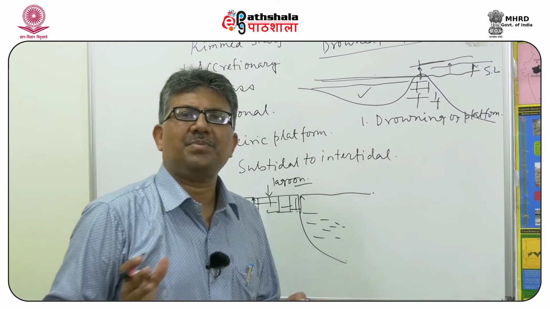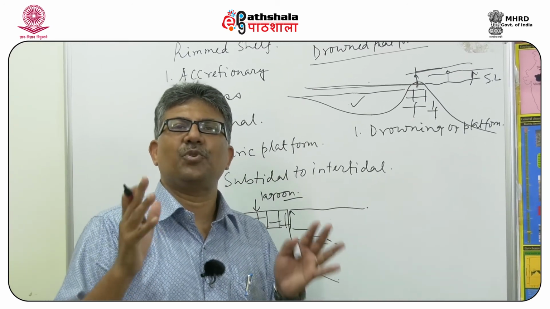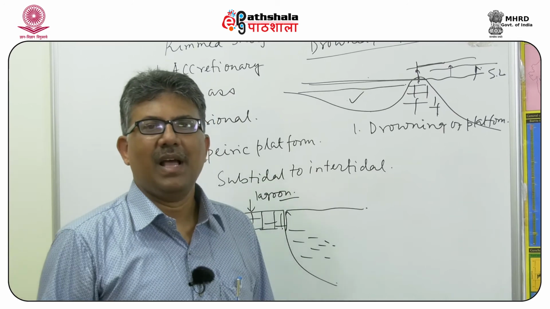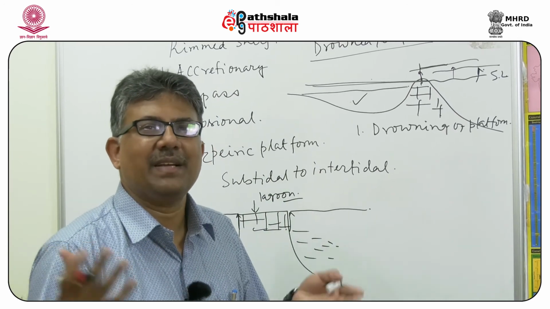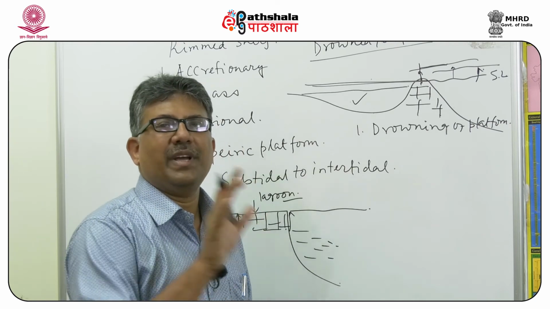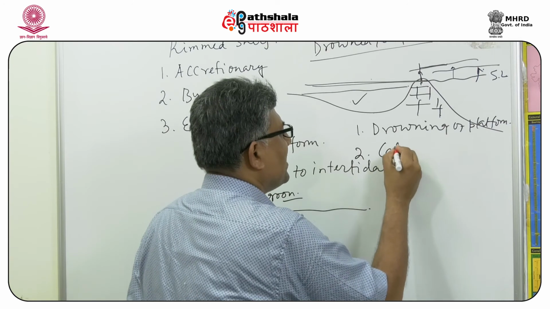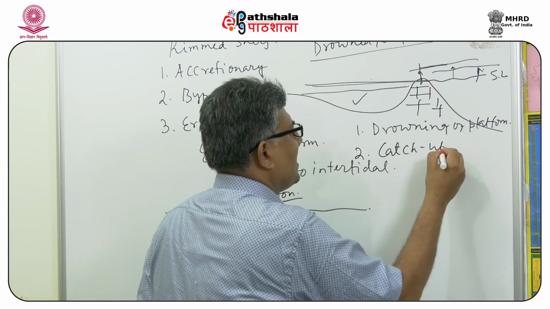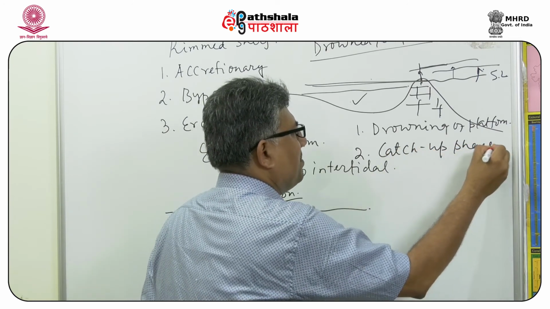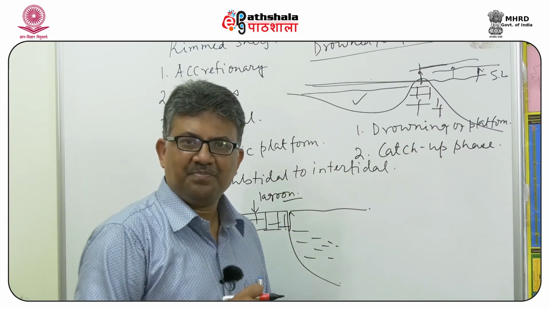When the rate of rise of sea level is very high and the carbonate platform cannot cope up with its productivity with the rise of sea level, the entire carbonate platform gets submerged, that we call the drowning unconformity. This is one stage. Then we talk about the catch-up phase of carbonate platform. What is this catch-up phase?